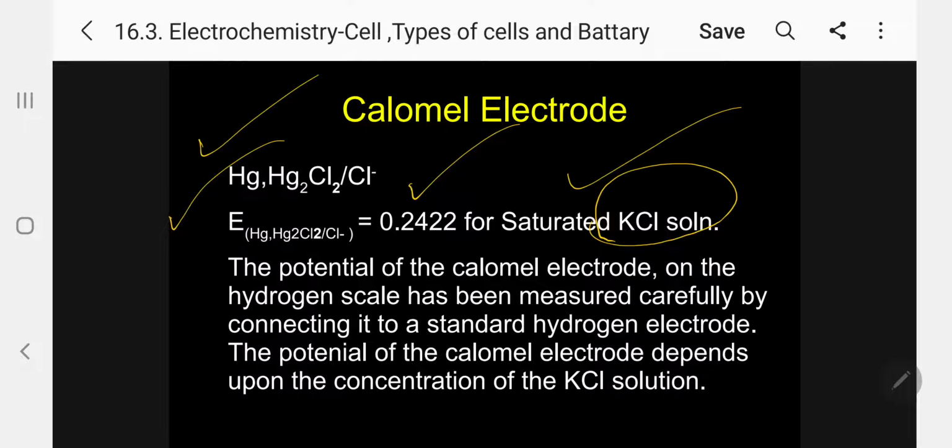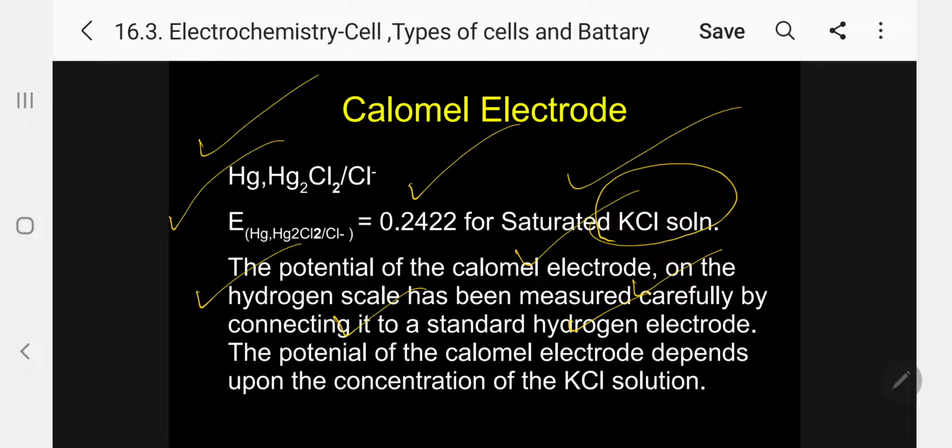After the saturated solution, we add the paste of mercurous chloride, and then we add mercury. So this will act as the calomel electrode. The potential of the calomel electrode on the hydrogen scale has been measured carefully by connecting it to a standard hydrogen electrode.